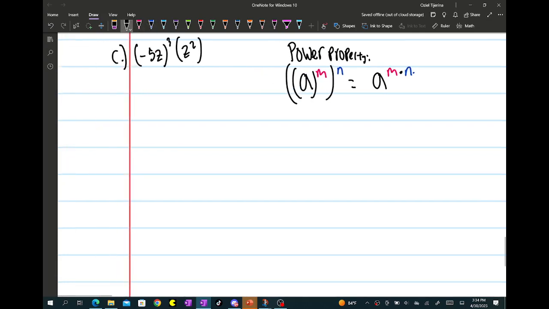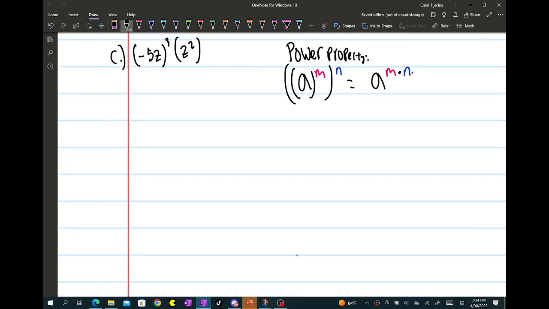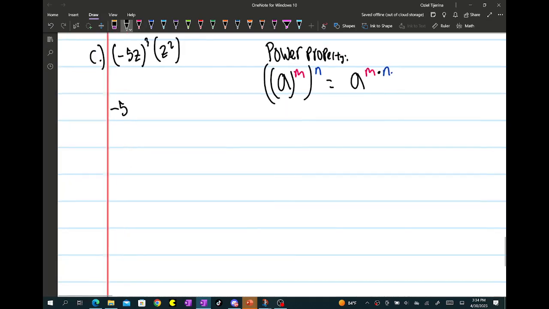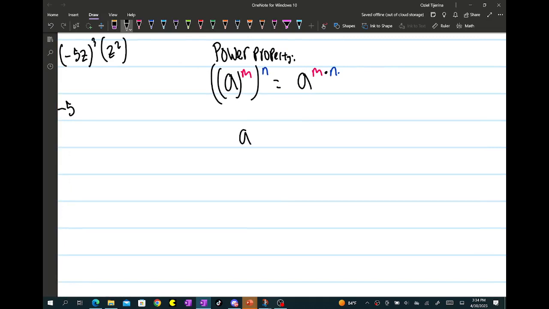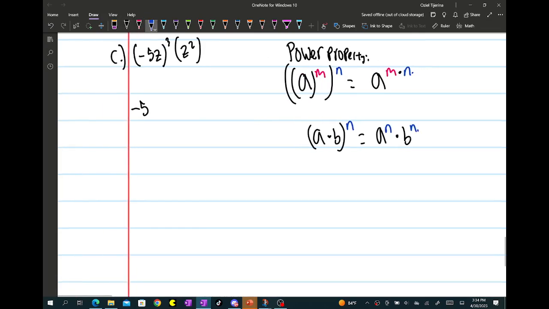By the way, we also know that a times b raised to some power n is a to the n times b to the n. So we're going to use that, right?